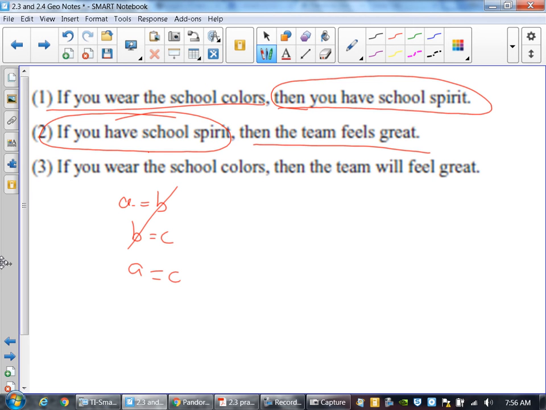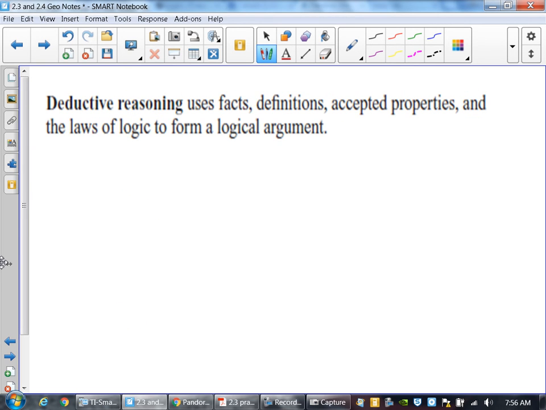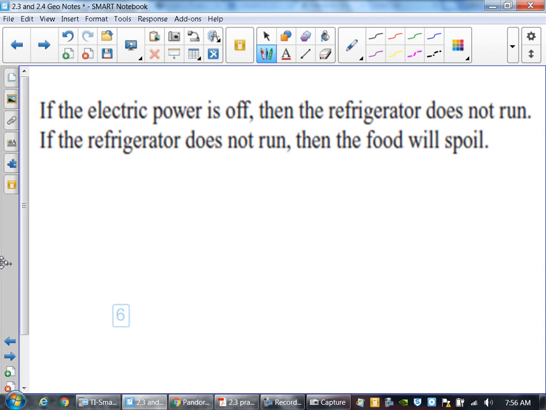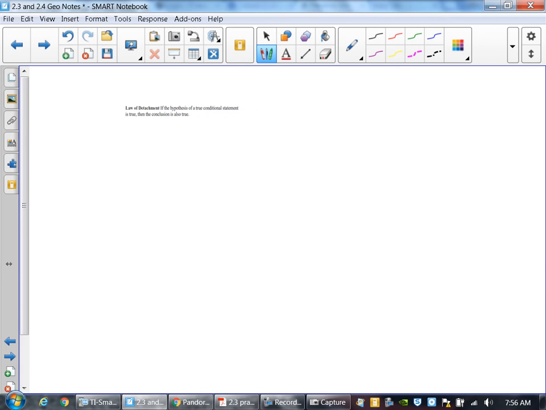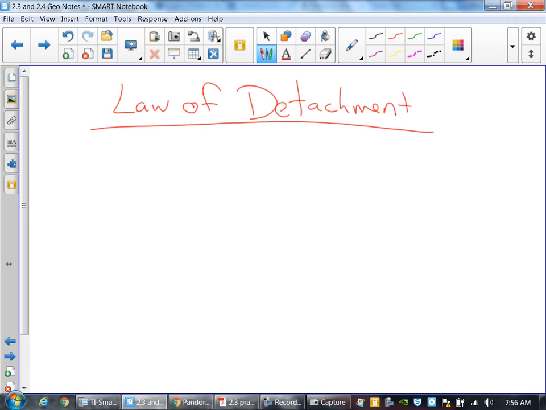The other one we have is what's called the law of detachment. Again, I don't want to write out long-winded words. Law of detachment doesn't flow as cleanly as syllogism does.